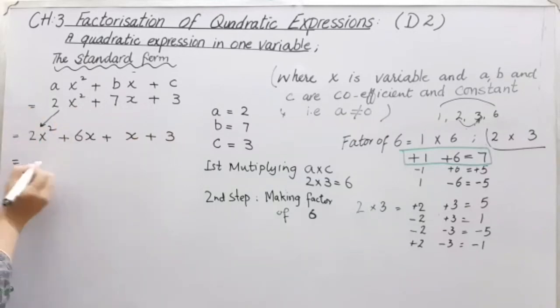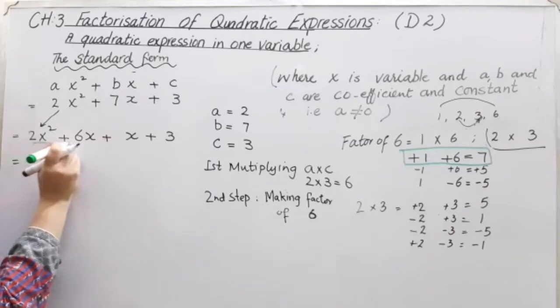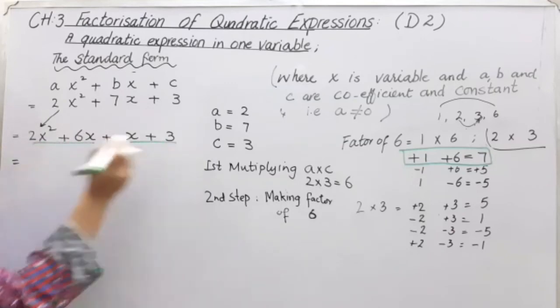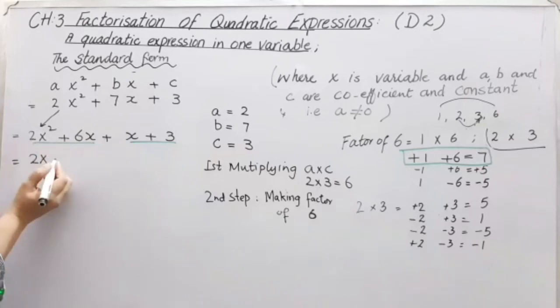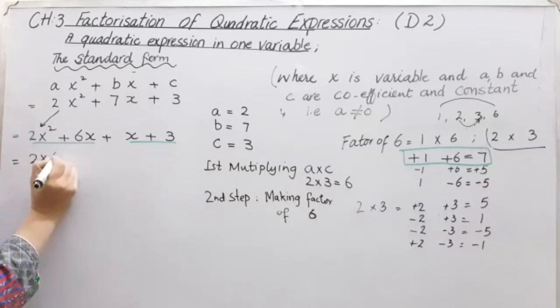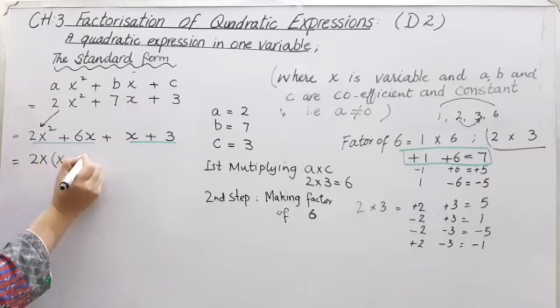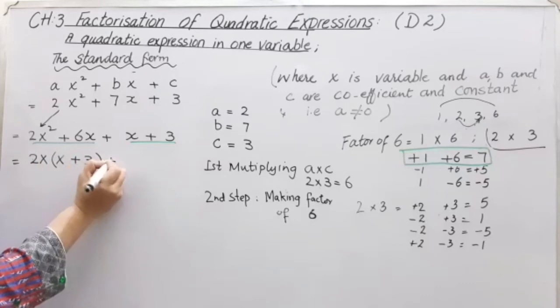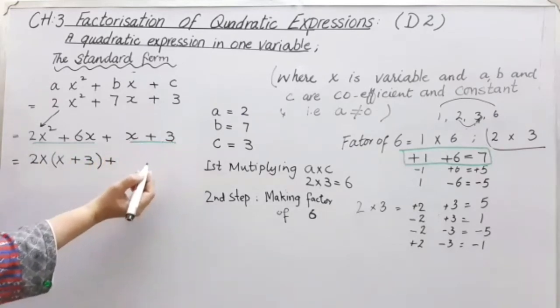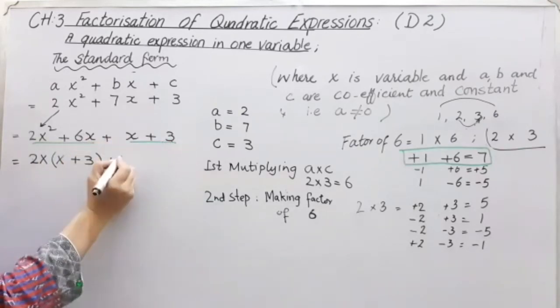And now you take common from these two and these two. From here we take common 2x, because the bigger amount is 2. Now 2x is common and remains x plus 2 threes are 6. Here x is already outside. Plus here is nothing common, no, here 1 is common.